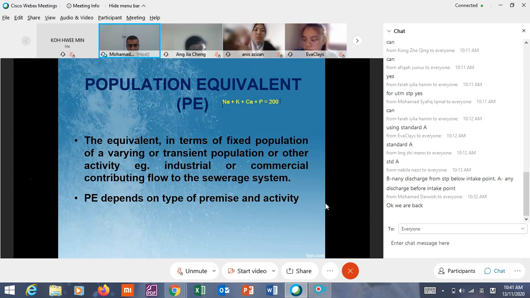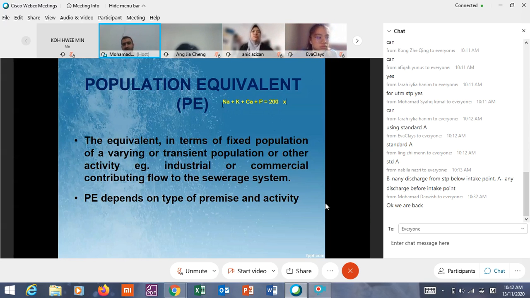No, this is totally wrong. You have to convert sodium to the molar weight, and then convert the calcium to the molar weight, convert the potassium to molar weight. All the elements have to be converted to molar weight.